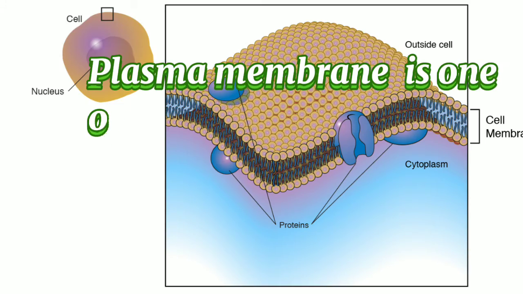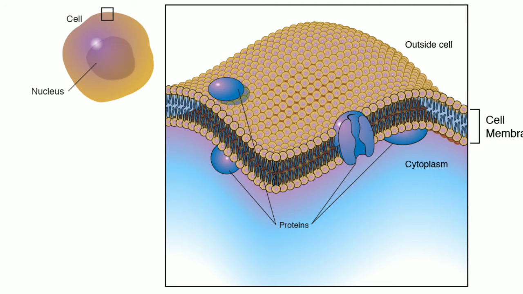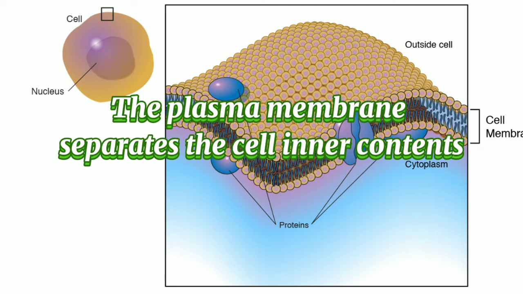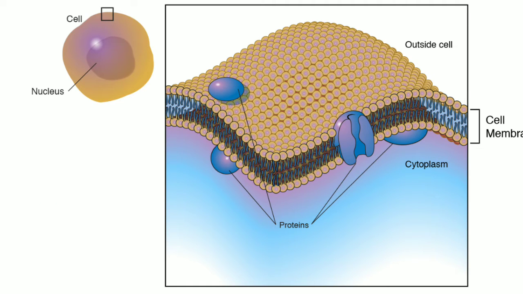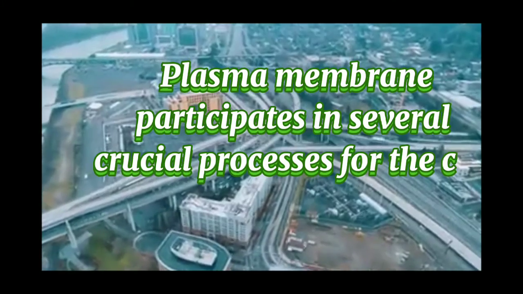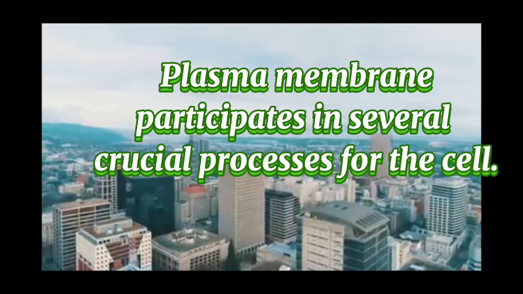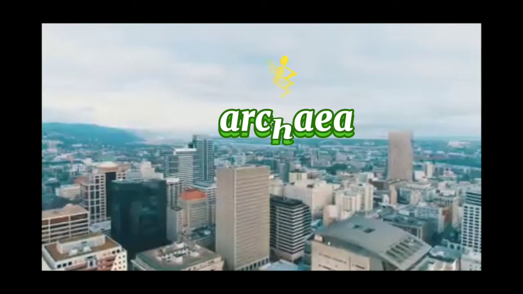Fourth, the plasma membrane, or cell membrane, which is the outer boundary of every cell. The plasma membrane separates the cell's inner content from the surrounding environment. While not a strong layer, a plasma membrane participates in several crucial processes for the cell, particularly for bacteria and archaea.